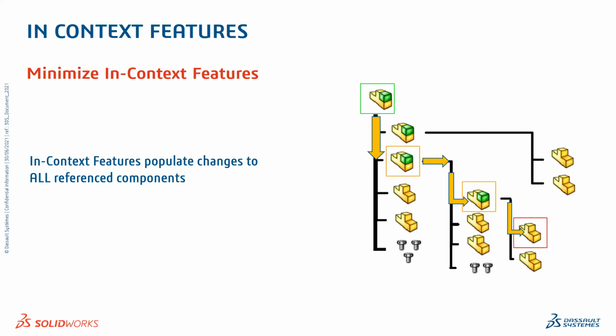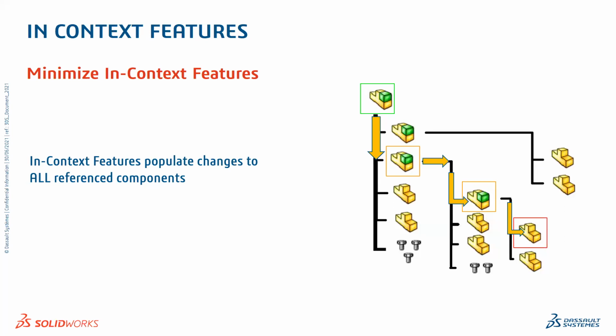What I usually do is, during our modeling, every time we may not need the in-context features intact. When I do the design, I can take the references of top-level components or assemblies.